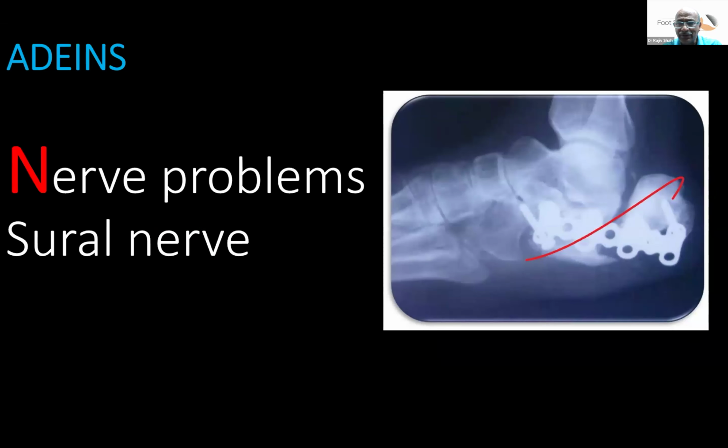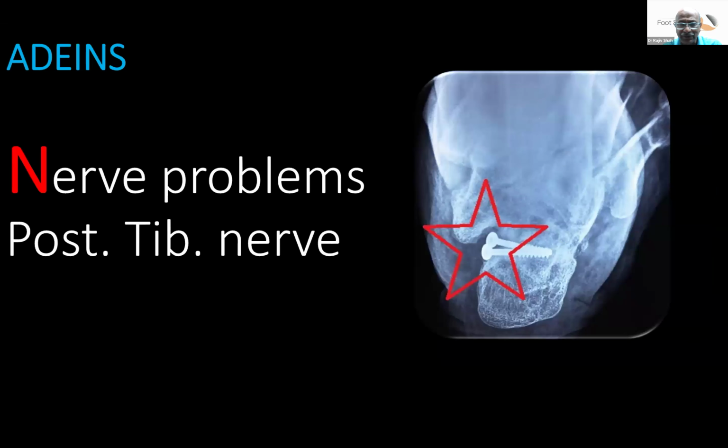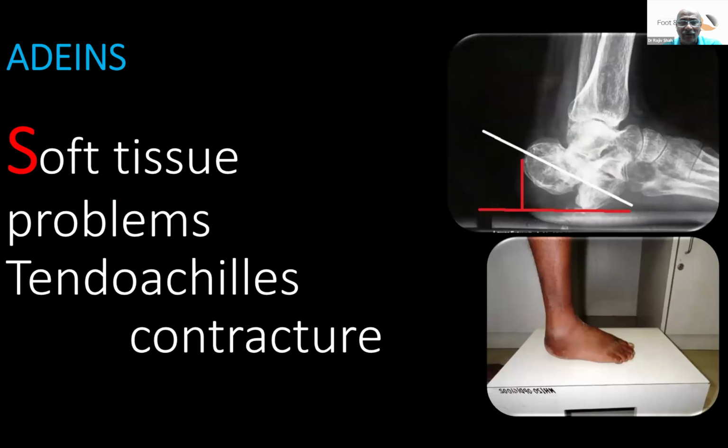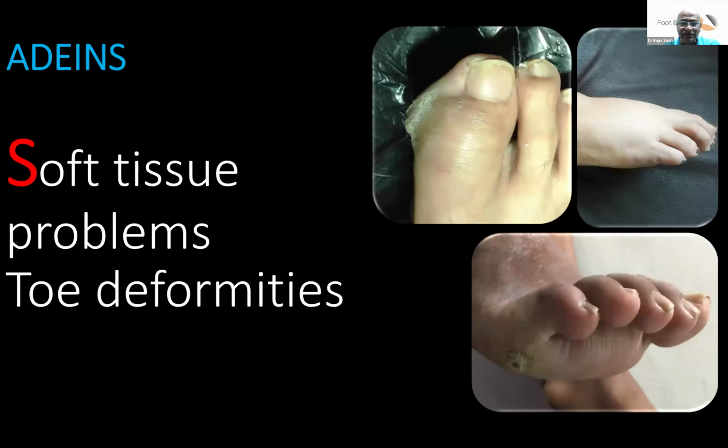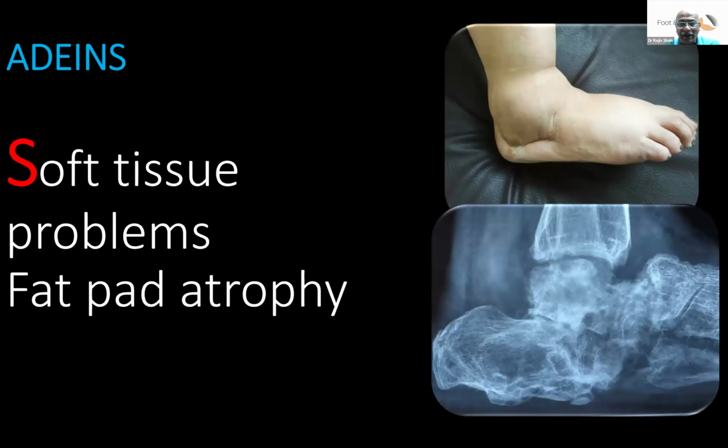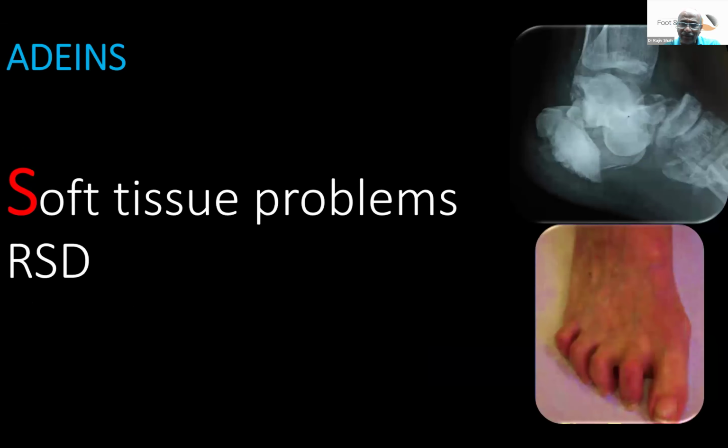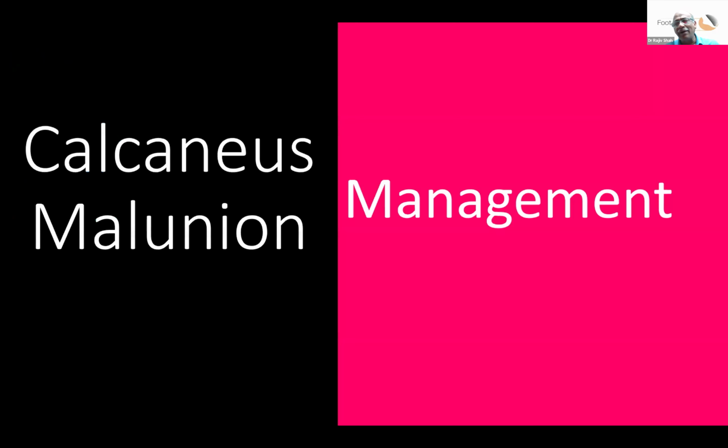It could be sural nerve issues, it could be posterior tibial nerve issues, and S for soft tissue problems like tendoachilles contracture, toe deformities, claw and hammer, or mallet toes, and sometimes fat pad atrophy in a very, very severe case. So this is how this Adain's classification comes, where even reflex sympathetic dystrophy could also be classified under soft tissue problems.